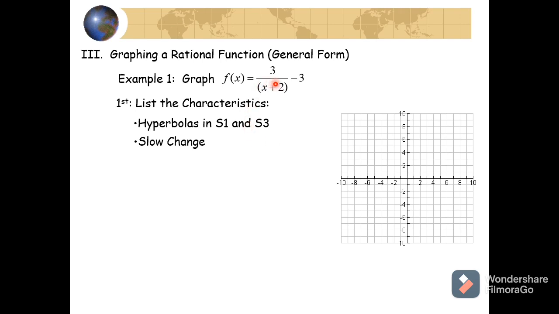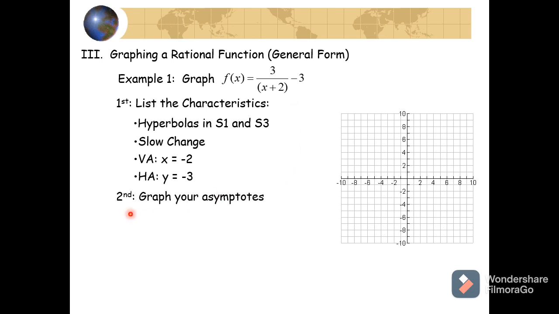Then, since absolute value of 3 is greater than 1, then it is a slow change. Our vertical asymptote is x is equal to negative 2 since x plus 2 ang meron tayo sa denominator. Then, horizontal asymptote natin is y is equal to negative 3, which is the value of your k.